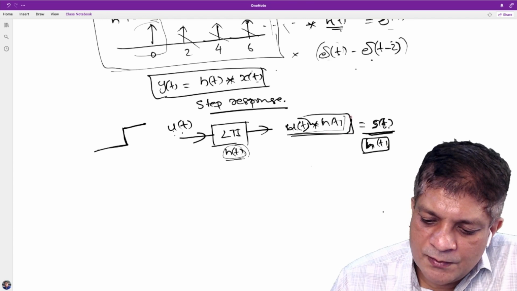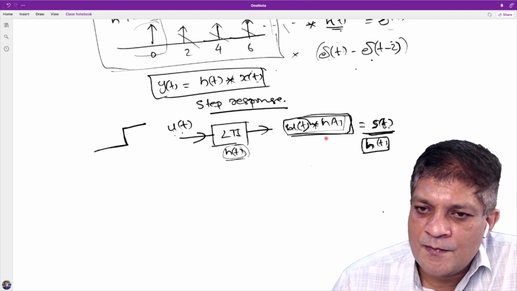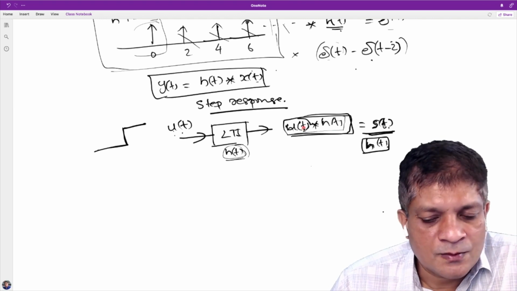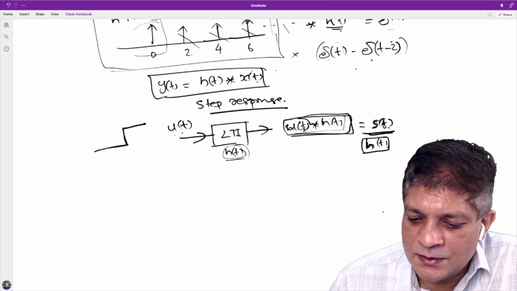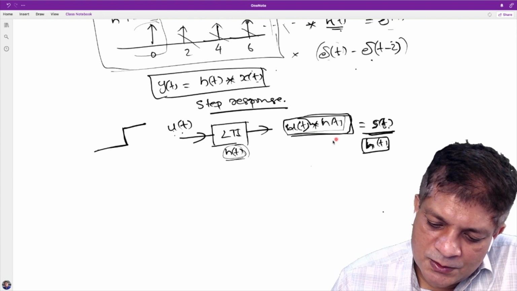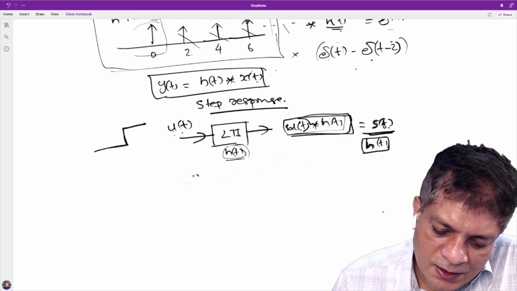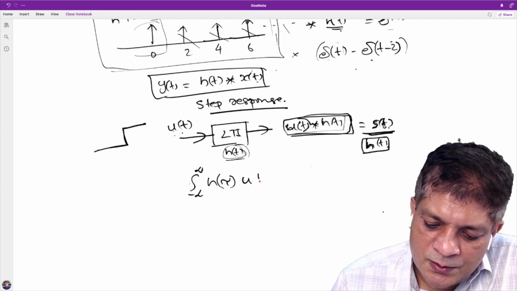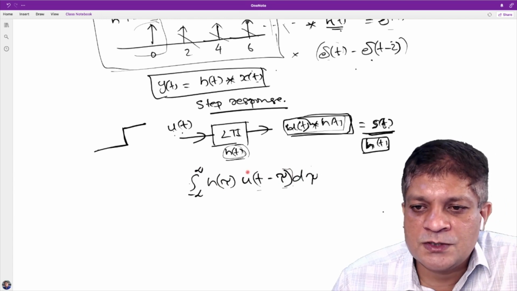So what is this convolution? You convolve any function with u(t), it is an integrator, isn't it? If you do this convolution, you can also write it as the integral from minus infinity to infinity of h(tau) u(t minus tau) d tau. This is a unit step function.